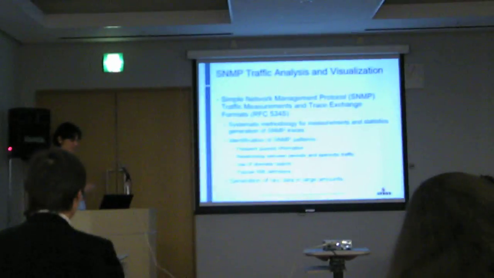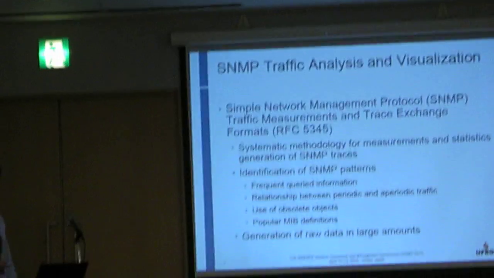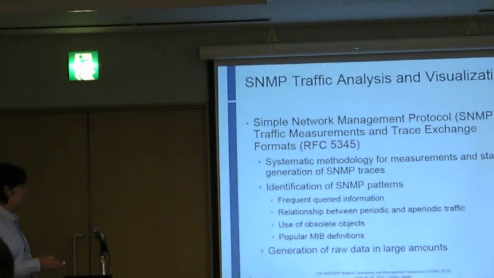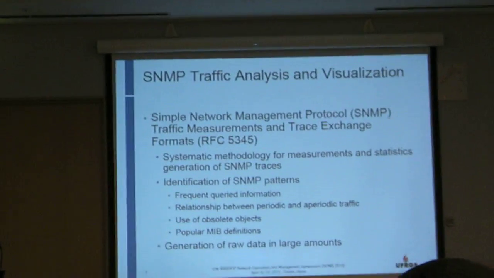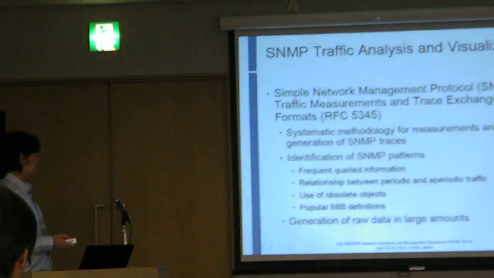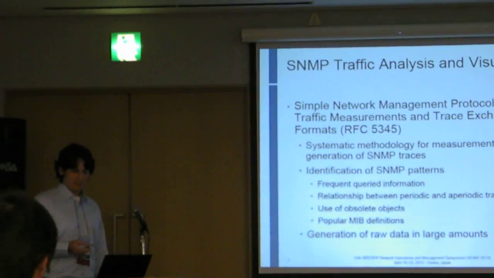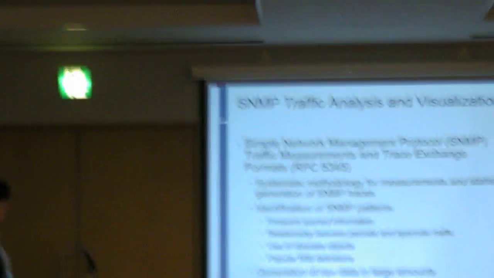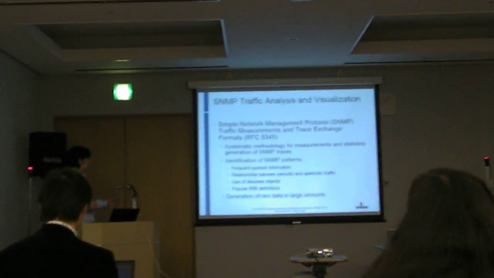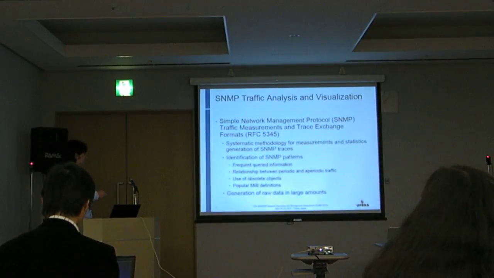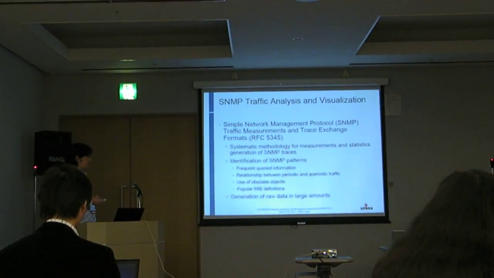And this methodology tries to identify some SNMP patterns. There are some of them: frequently carried information by the SNMP, relationship between periodic and aperiodic traffic, the usage of obsolete objects, and popular MIB definitions. We're trying to find the answer to these patterns.